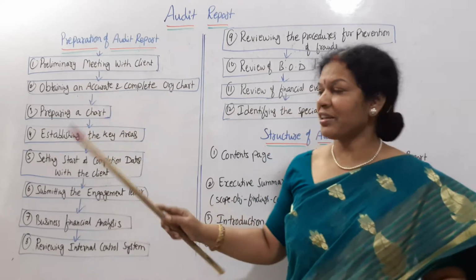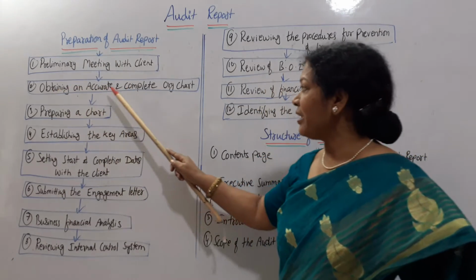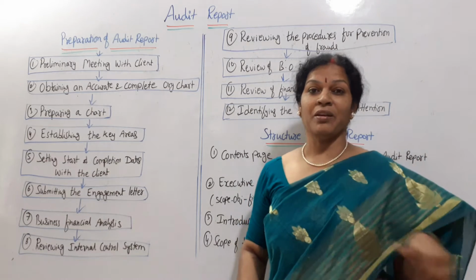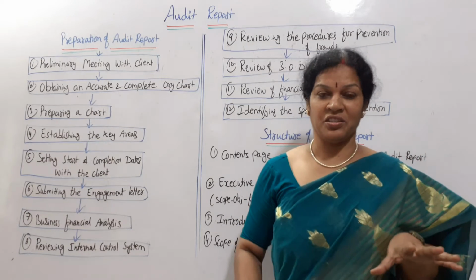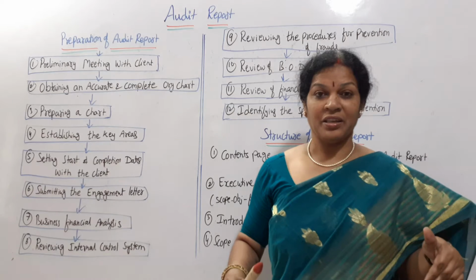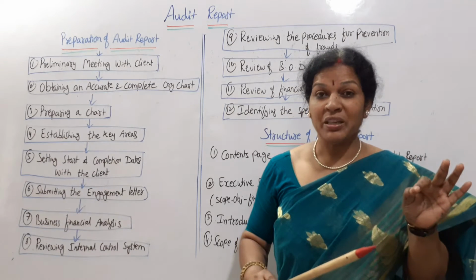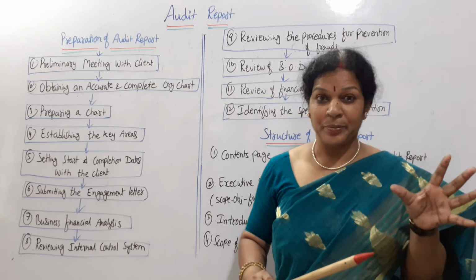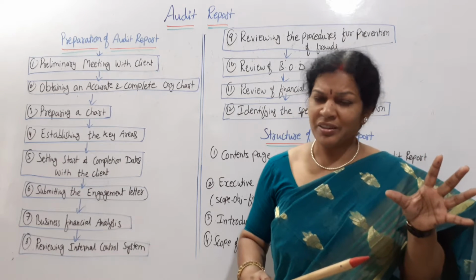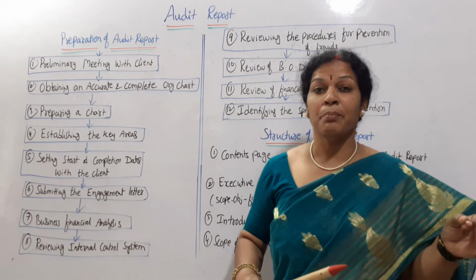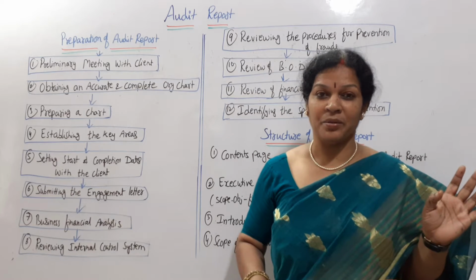Then in the second step, obtaining an accurate and complete organization chart. He has to take the organization chart, showing how the organization is structured. Why take the chart? It will give an idea of the structure. Already he has an idea, but he is recollecting it once again before preparing the audit report.